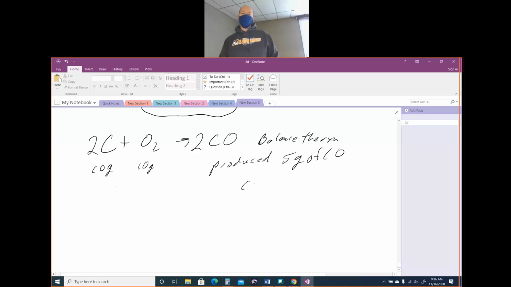So the question would be: calculate the limiting reagent, theoretical yield, and percent yield. All right, so you have to take your 10 grams of carbon and convert it to moles.